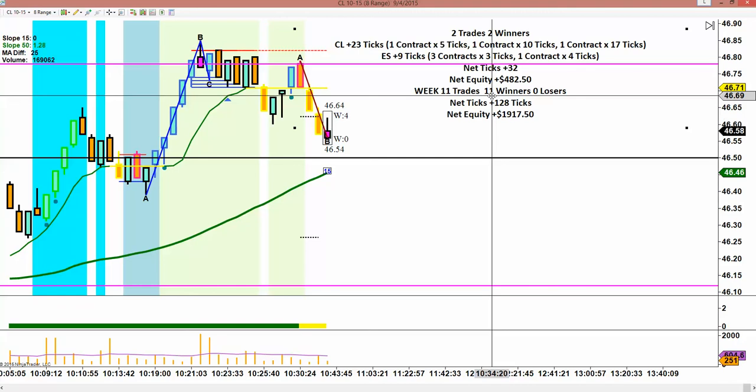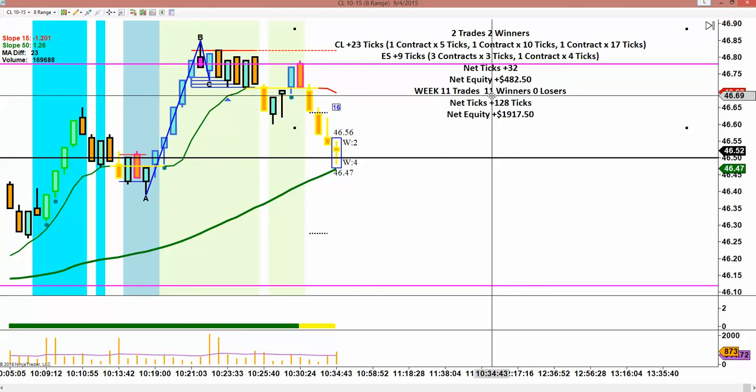Let's just call it 40. 40 round trips times $4 is $160. So we really cleared over $1,700 this week in actual profit after commissions, which is an unbelievable week.